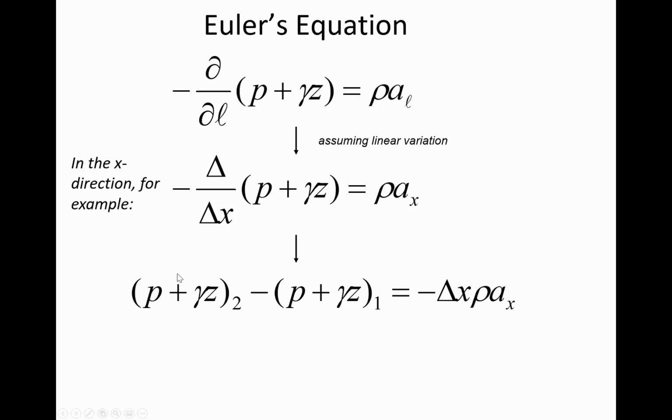So the piezometric pressure at location 2 minus the piezometric pressure at location 1. So the change in piezometric pressure can be calculated by how far apart they are, delta x, multiplied by the density of the fluid, multiplied by the acceleration. And then the minus sign, like I mentioned before, is just to indicate that the pressure will be greater in the opposite direction from the acceleration.